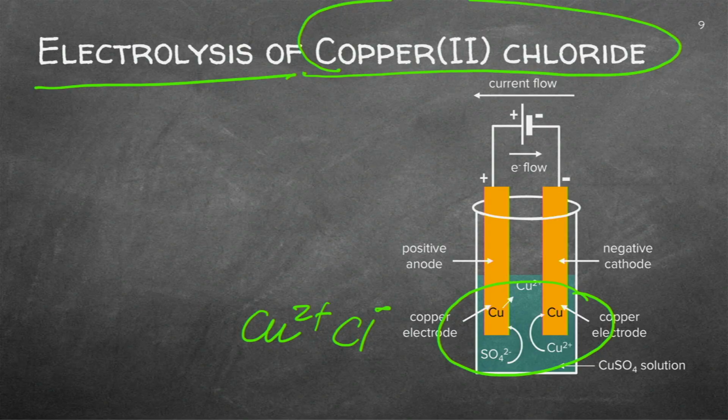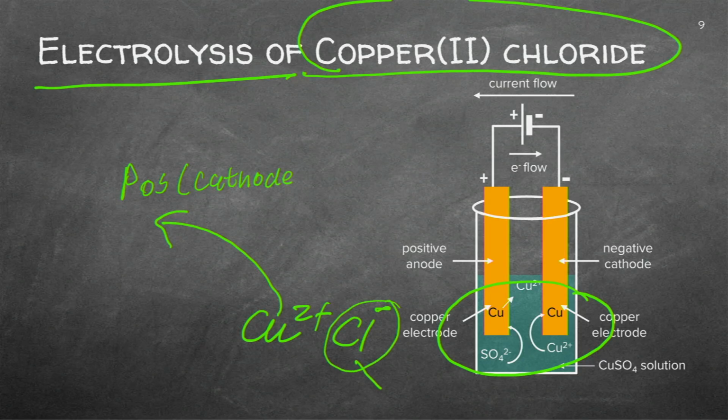Now we know already, we're clever enough to know this will move to the negative electrode, which we know is the cathode. And the negative ions, because they're anions, will move towards the anode. So that we know, and then we just have a look at our table.